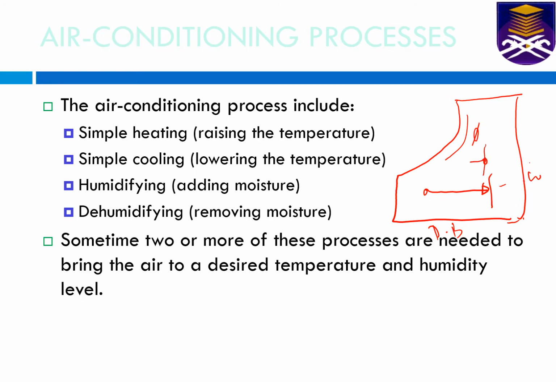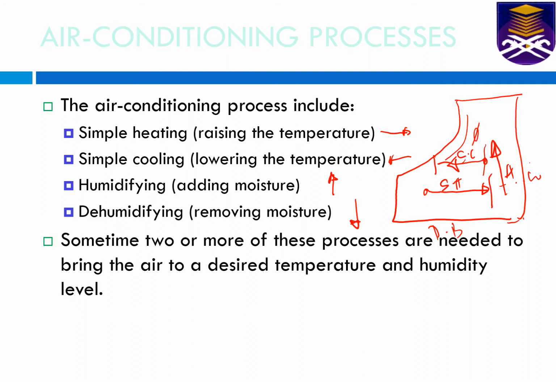This axis is omega, the specific humidity. The humidifying process increases the specific humidity, so it goes up. So simple heating goes to the right, simple cooling goes to the left, humidifying goes up, and dehumidifying goes down.